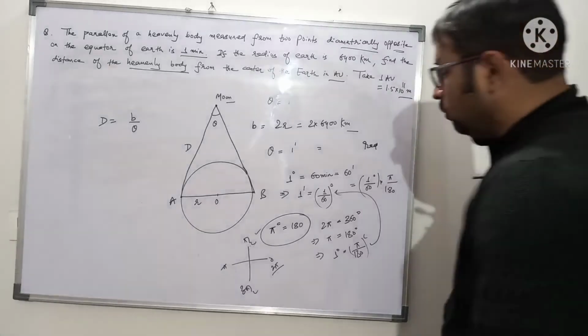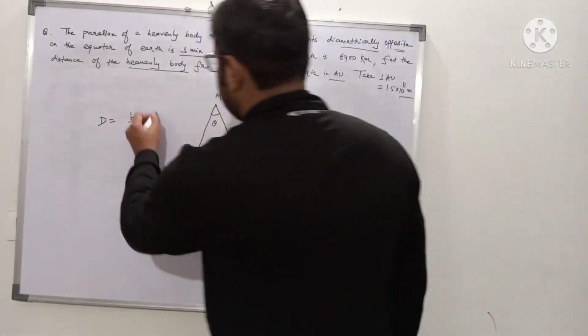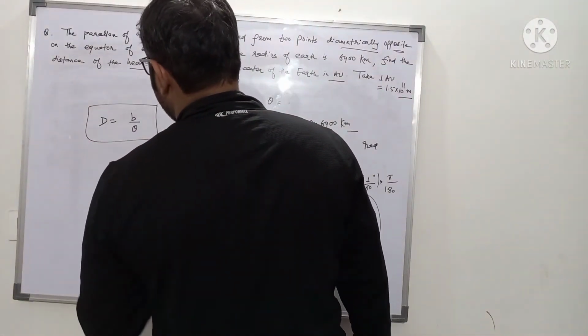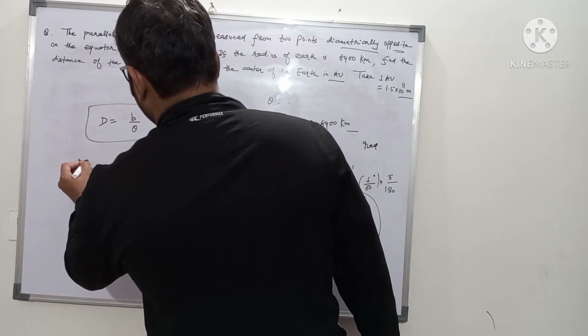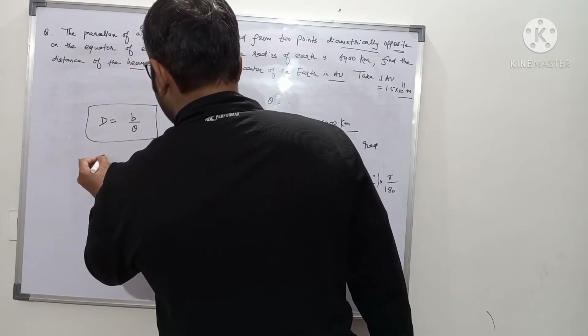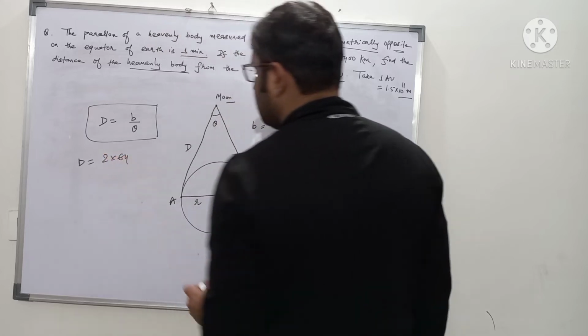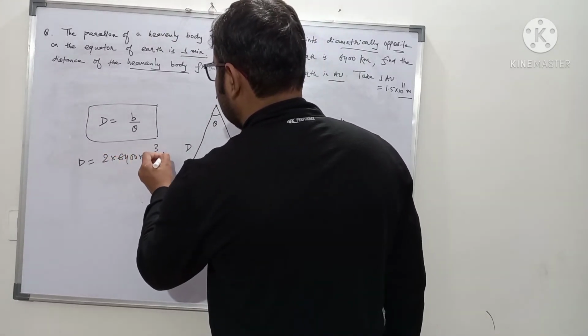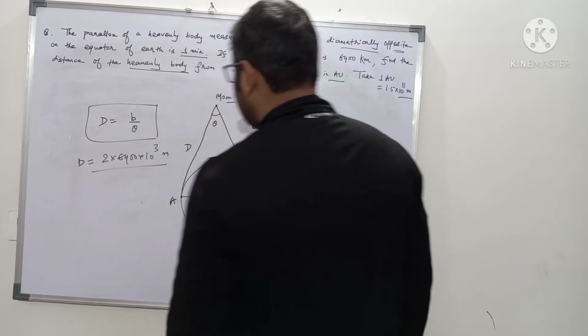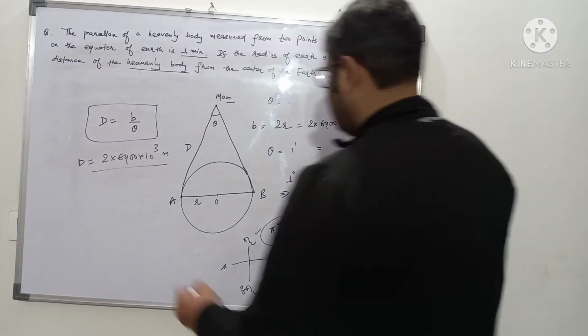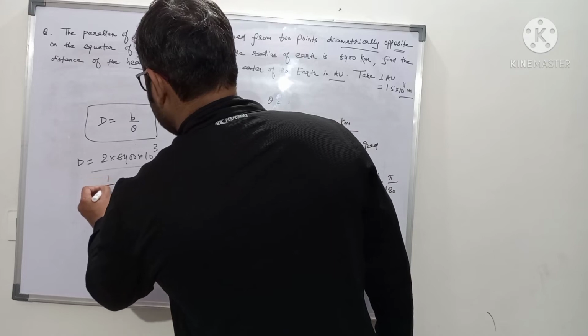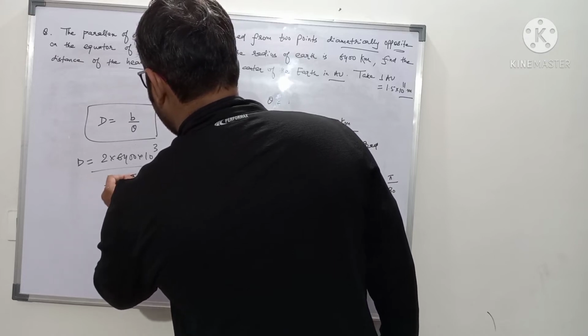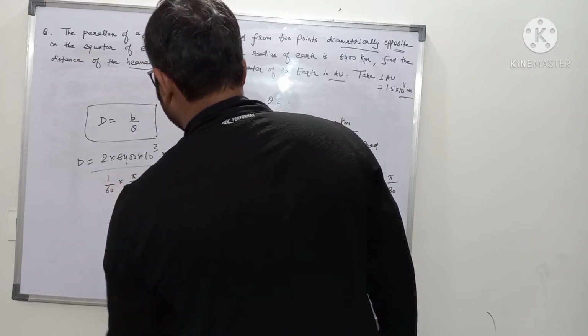Now we will put this value in this relation and calculate B. So we have B equals 2 into 6400 kilometer, you can convert it in meter, and theta equals 1 by 60 into pi by 180.